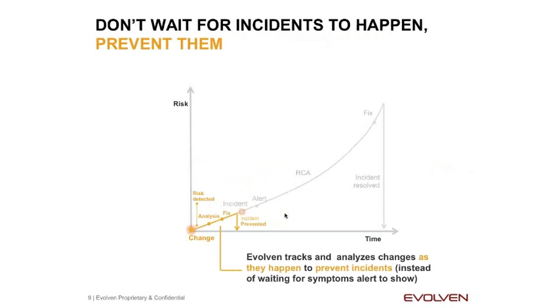Now, to be honest, we don't really want to wait for incidents to happen. Once customers get good at being reactive towards incidents and they understand how to use the product for reacting to incidents, we want to ultimately get to avoiding them in the first place. And how can we do that? Well, if we detect the change ahead of time and we assess the risk and do an analysis on that, we can fix it even before an incident occurs.